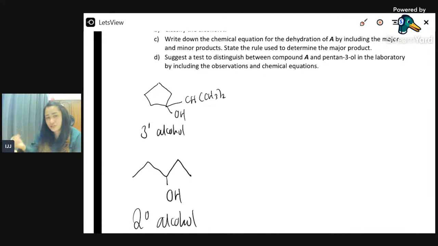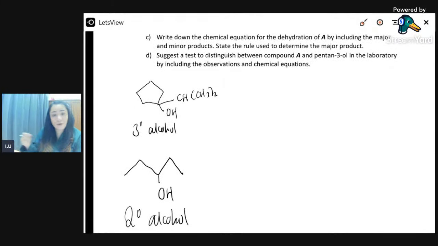So when you want to differentiate your compound in the lab, first you must identify the type of compound you have. So now we both have alcohol, we already differentiate them. The first one is tertiary alcohol, the second one is secondary alcohol. Then you must write down what is the name of the test. Contohnya untuk bezakan primary, tertiary, secondary alcohol, we can use Lucas test.